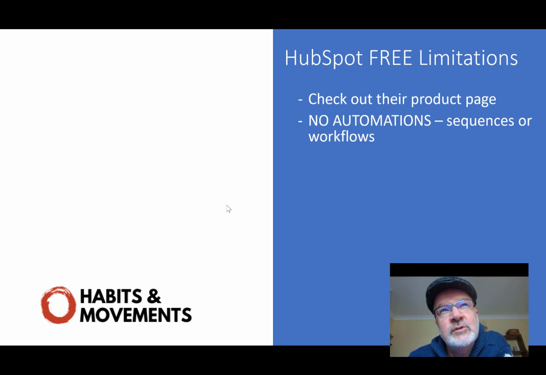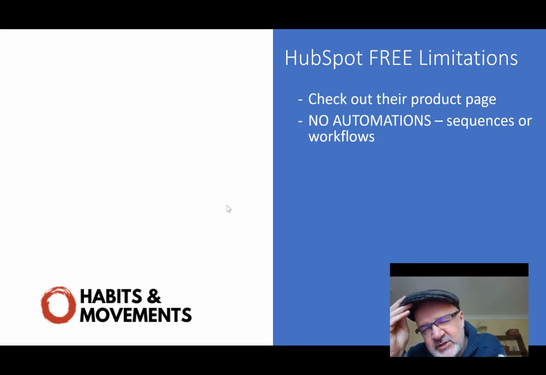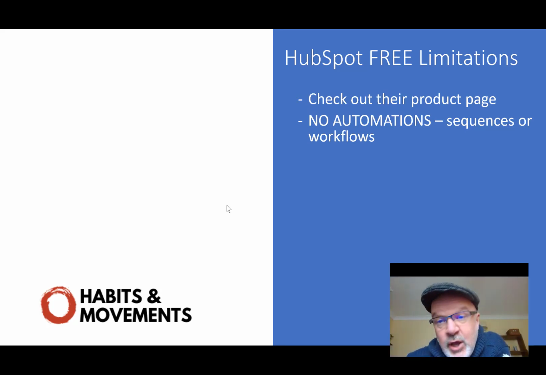There are no automations built into HubSpot. In fact, there's one, and that's if a form is filled in, HubSpot will, if you set it up, send one follow-up email to that person who filled in the form. That is the only automation I can think of within free HubSpot.